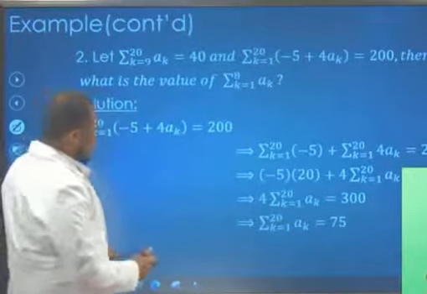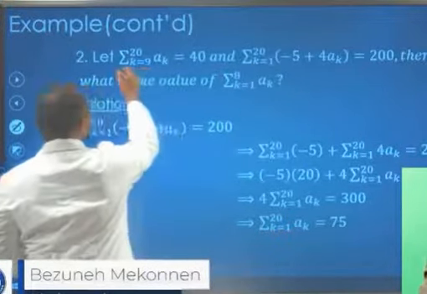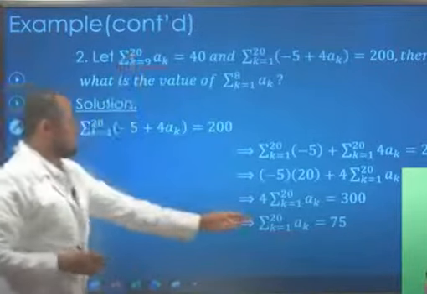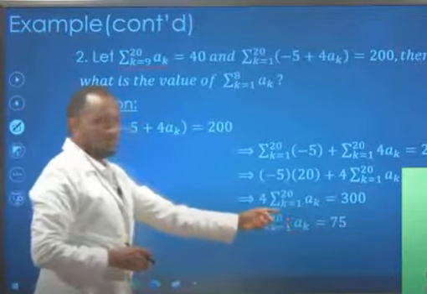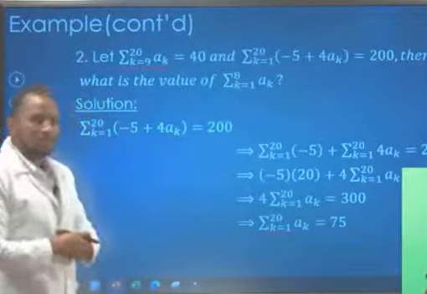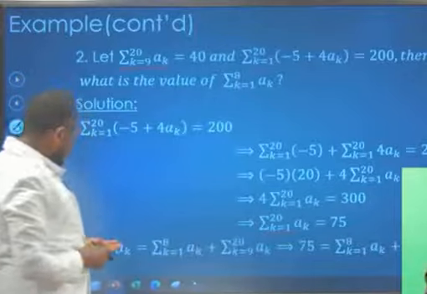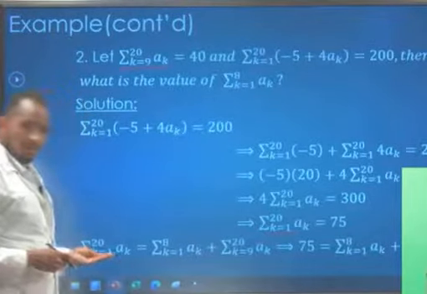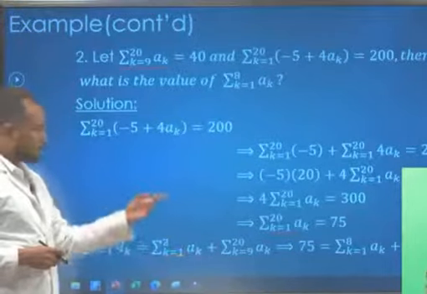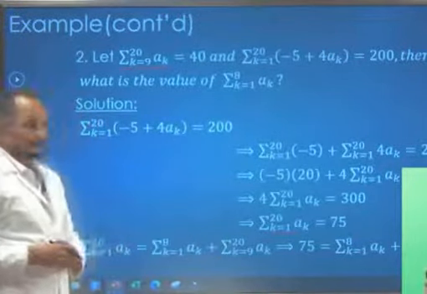Now, we have the summation of a_k, k from 9 up to 20. We have the summation of a_k, k from 1 up to 20. So we can find easily the summation of a_k, where k from 1 up to 8. The summation of a_k, k from 1 up to 20 means the summation of a_k, k from 1 up to 8, plus the summation of a_k, k from 9 up to 20.